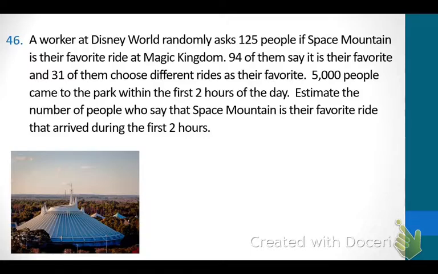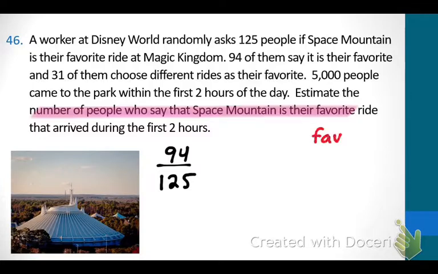So in this case, let's figure out first, we are trying to figure out the number of people who say that Space Mountain is their favorite. Guys, how many people said that Space Mountain is their favorite? 94. Out of how many total people did they ask? They asked 125. So if you wanted a formula for this, we talked about formulas a long time ago.